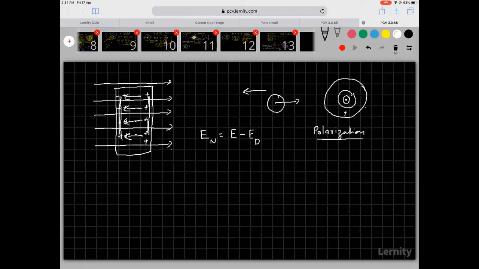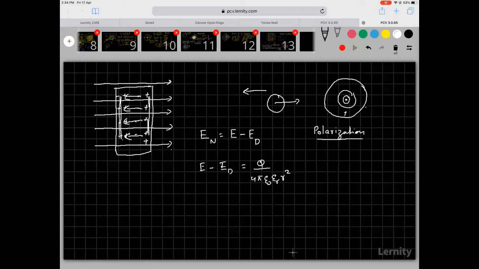Now, suppose this electric field was because of some charge Q. Can I say that E minus E_D is equal to Q by 4 pi epsilon naught E_R R squared?